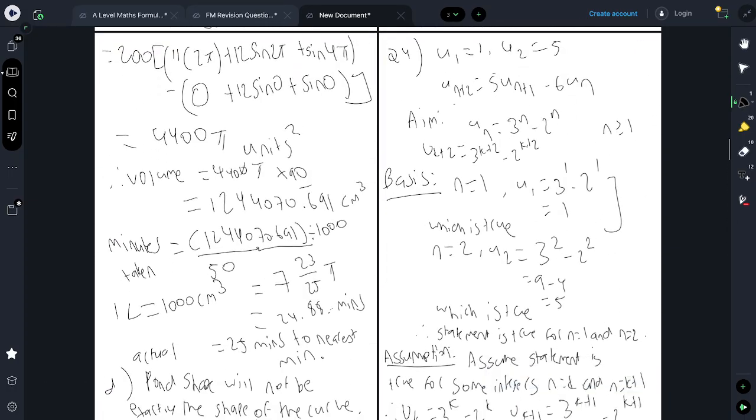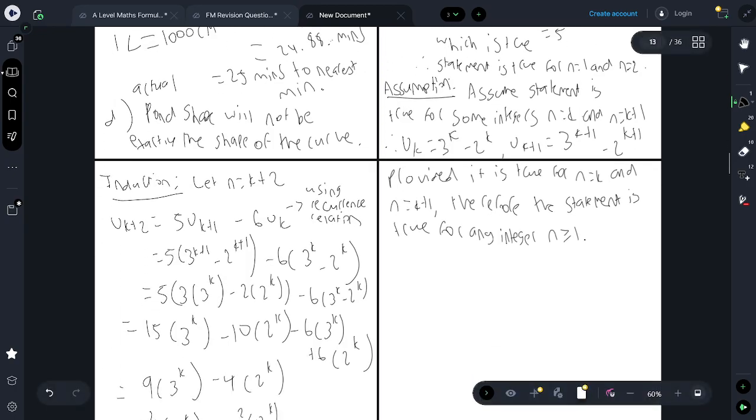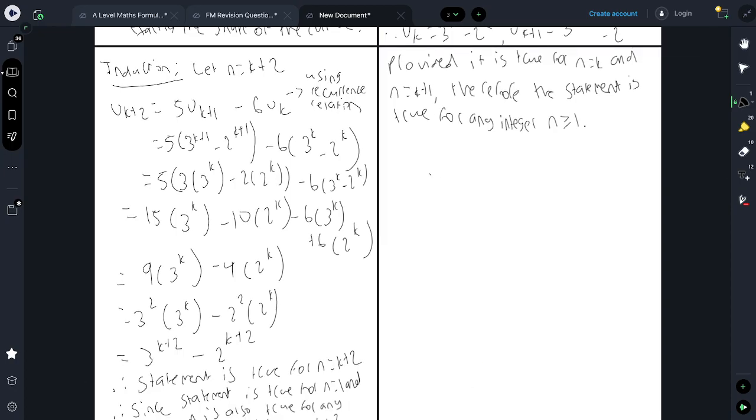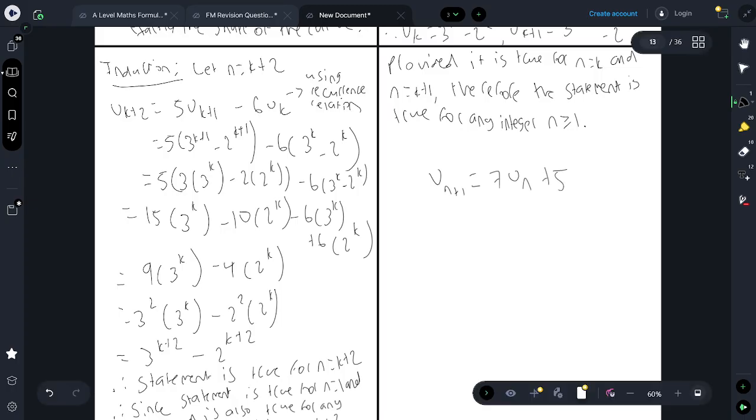Yeah, so that's recurrence relations. They could also perhaps ask you for a one-term recurrence relation. So say if U n plus 1 is like 7 lots of U n add 5 or something like that. Then you only need one number to assume.